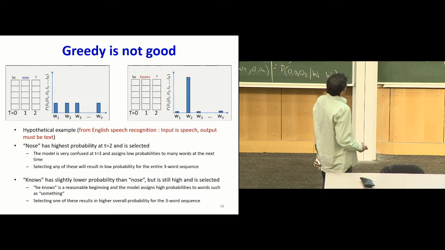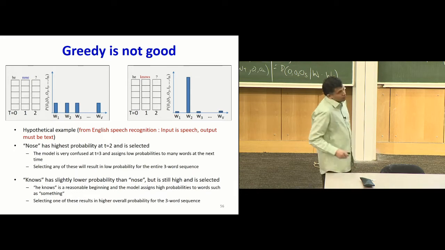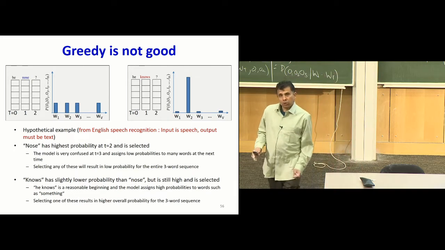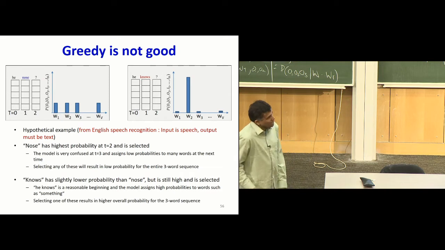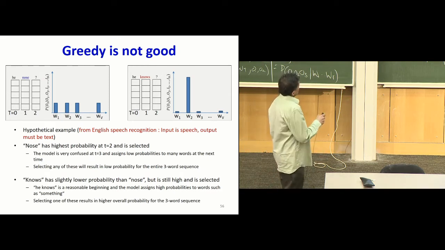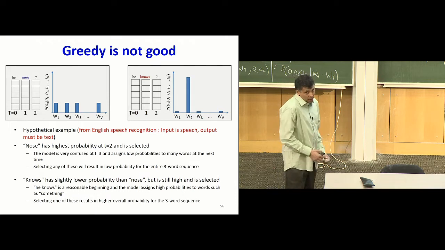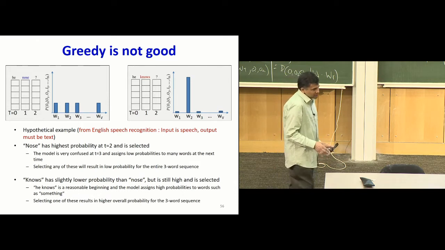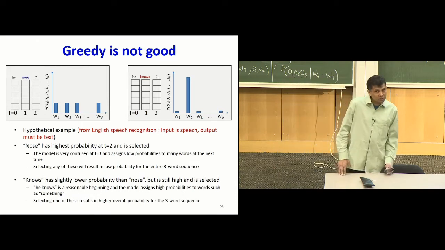Let's say we are recognizing English speech. The input is speech and the output must be text. So let's say at time t equals 0, the word HE was the most likely, so you chose HE. At time t equals 1, there were two words, NOSE and KNOWS, and they're pronounced pretty much the same.